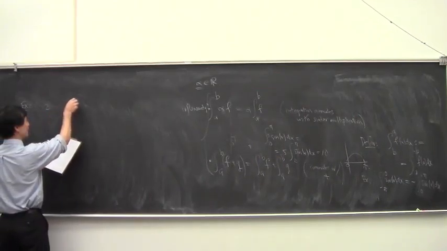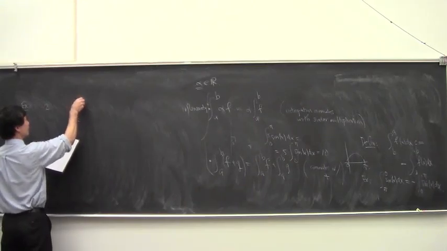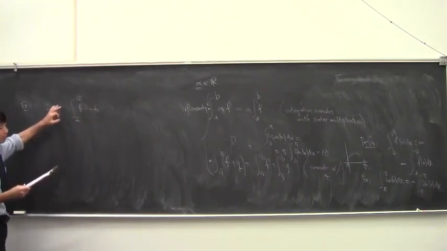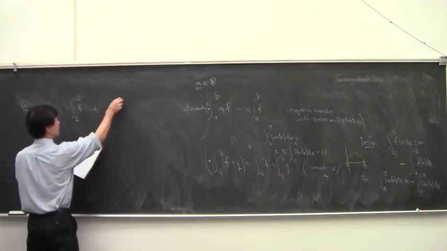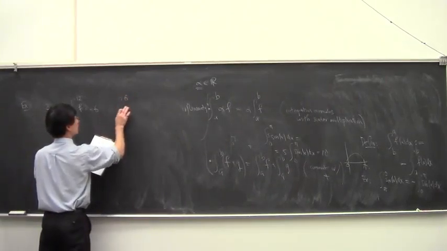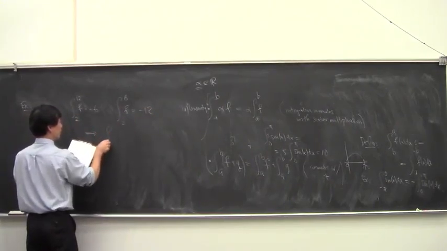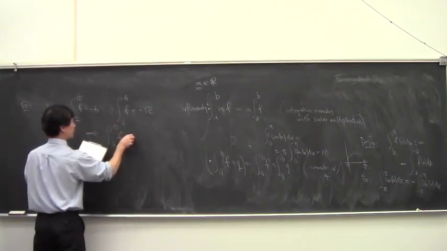Okay. Somebody says the integral from 2 to 12 is negative 6. The integral from 2 to 6 of the same function is negative 12. Then what is the integral from 6 to 12?